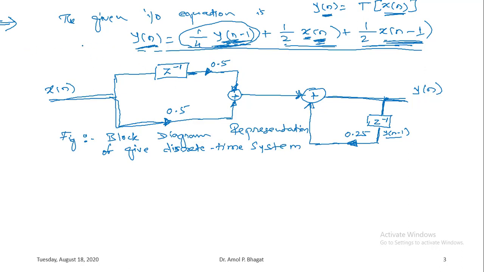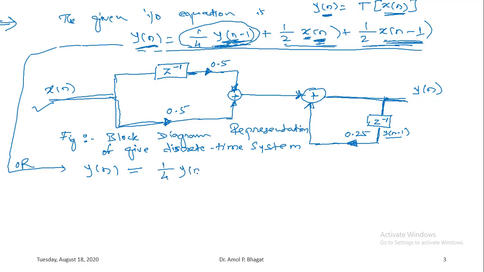Again, I can modify this given input output equation. I can modify it as y of n equals 1 by 4 y of n minus 1 plus, taking 1 by 2 common, 1 by 2 times the bracket x of n plus x of n minus 1.